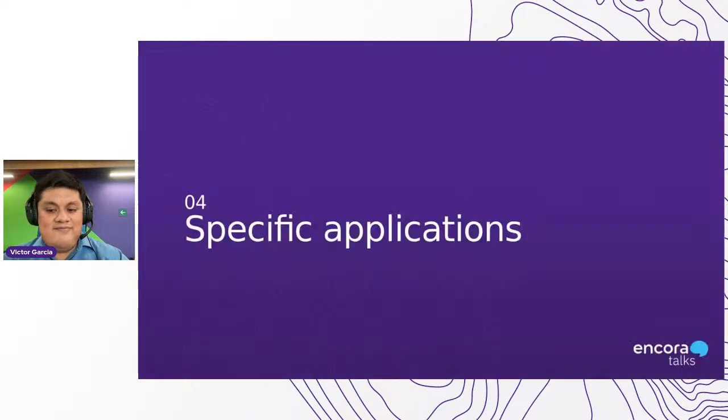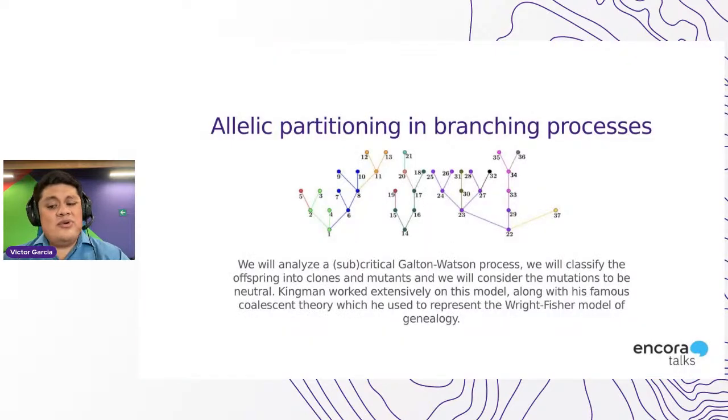We will move again, and now let's talk about a really specific application. All right, we will start with a biological model. Let's think about the variants of COVID-19 using the diagram here. We can think that a person has the initial variant.